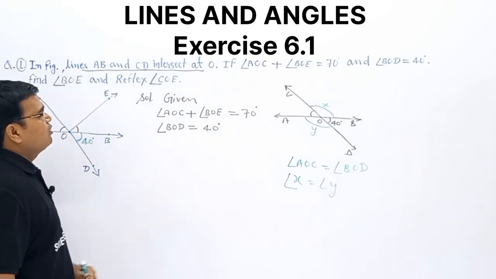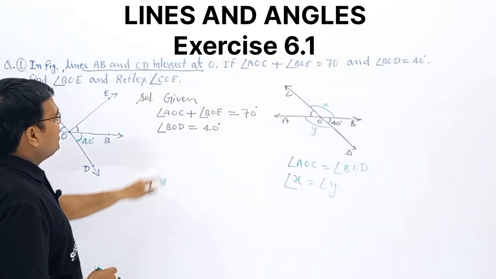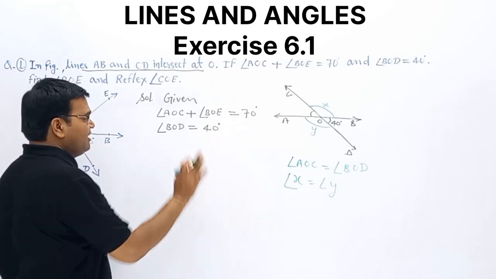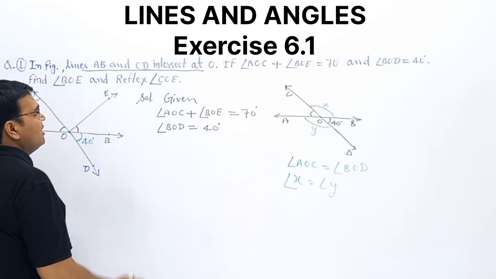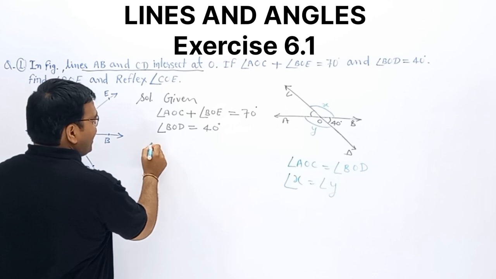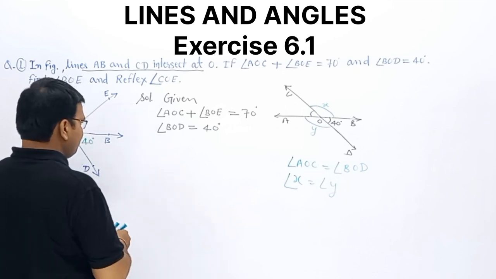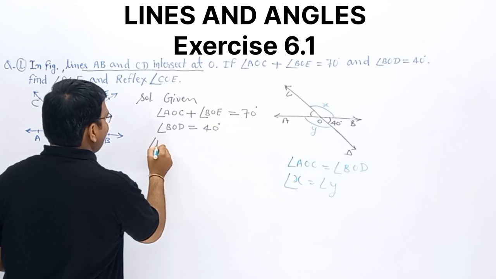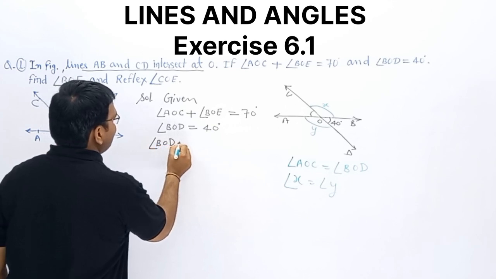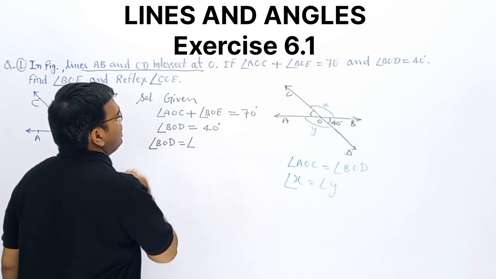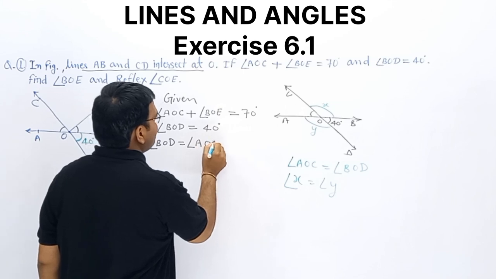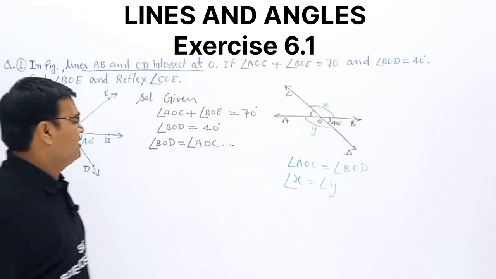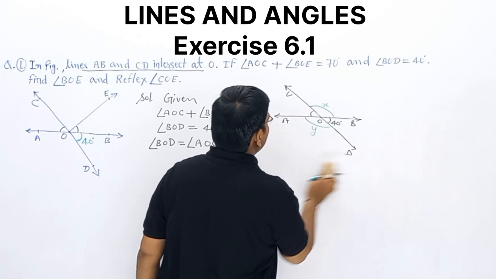So what we will write? We are having these things, and BOD is 40 degree. Angle BOD equal to angle AOC. Why? Because vertically opposite angle. I hope you understand these things.